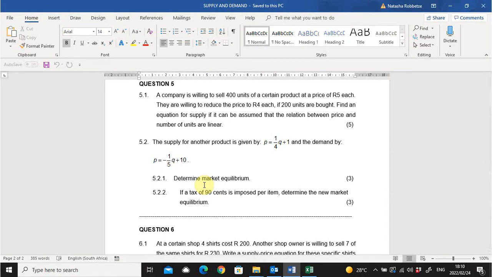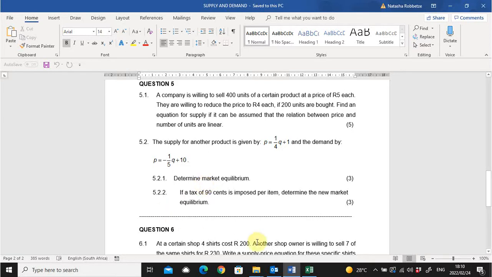They say for the supply, the price of the supply is 1/4 Q plus 1. And for the demand, the price is minus 1 over 5Q plus 10. Then in 5.2.1, we need to find the market equilibrium, and then they have given us this tax again, and we have to recalculate the market equilibrium.